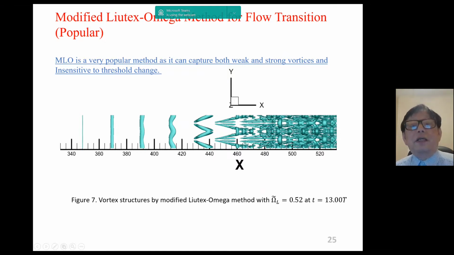We can see they capture both weak and strong vortices. Like this is the Tollmien-Schlichting wave of vortex. Well, this is the lambda vortex, and we have hairpin vortices, and then it gets more and more complicated.